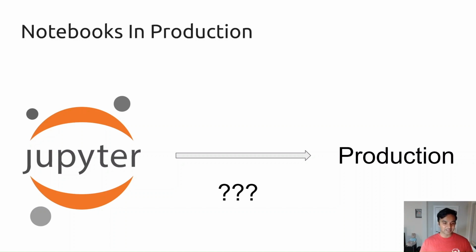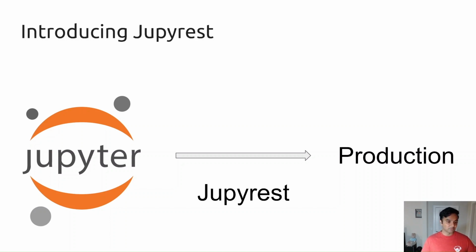But when you do that, you end up losing a lot of the cool things that make a notebook awesome. So what I wanted to do is find a way to bring Jupyter notebooks to production without losing the cool parts about the notebook. And that's what I'm here to talk about.